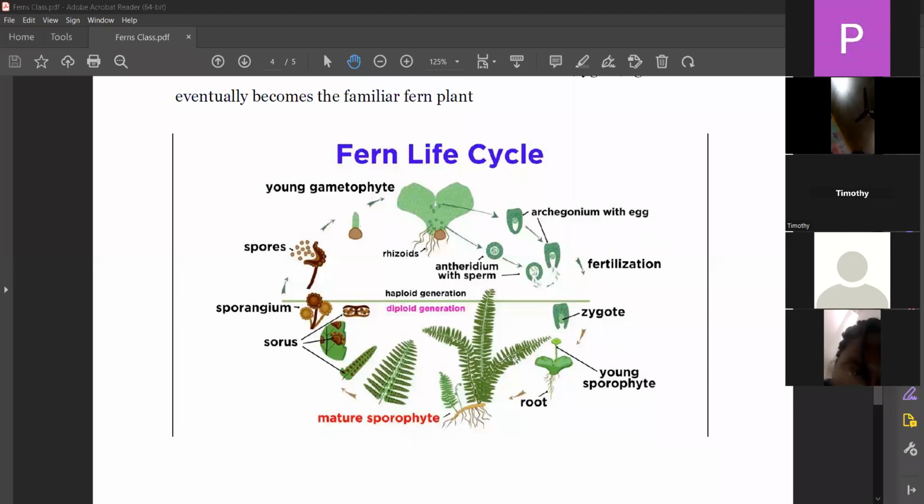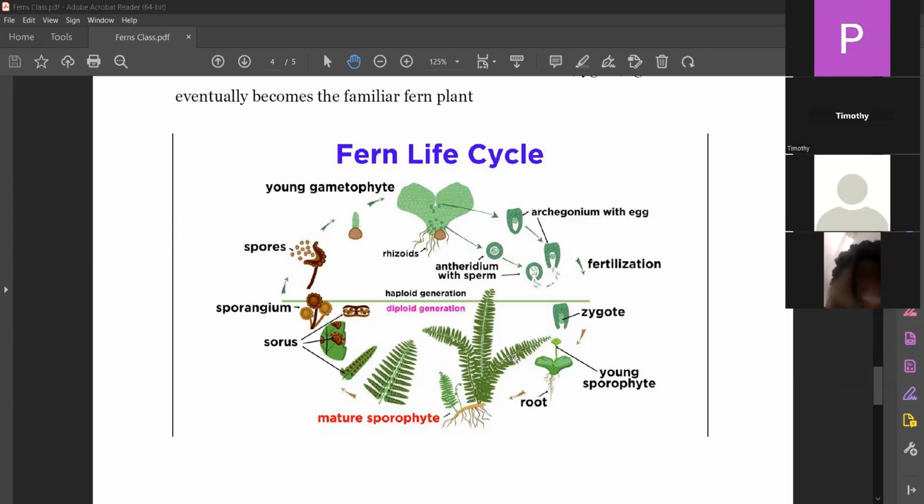That's why I say it's an alternation of generation. So it switches between a haploid gametophytic stage, where haploid means one set of chromosomes, and then a diploid sporophytic stage. So diploid meaning it has two sets of chromosomes and it's sporophytic in nature.